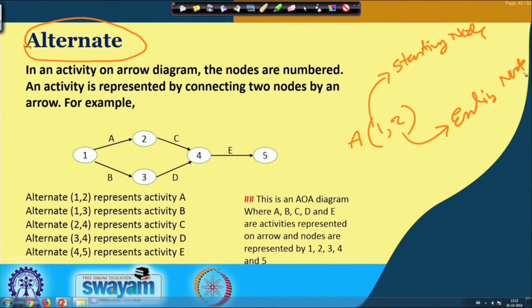So, basically this gives the benefit of analyzing the network in a computerized form.